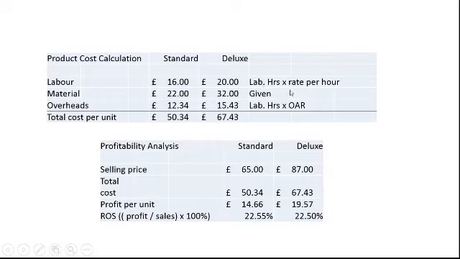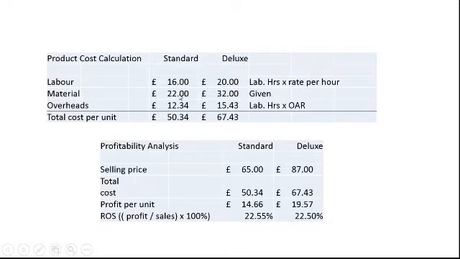We used the labor hours required by standard and multiplied by the rate per hour, which is already given in the question. It uses 2 hours, and we were given 8 pound per labor hour. So 8 times 2 makes it 16 pound. Similarly, 2.5 times 8 pound makes it 20 pound.